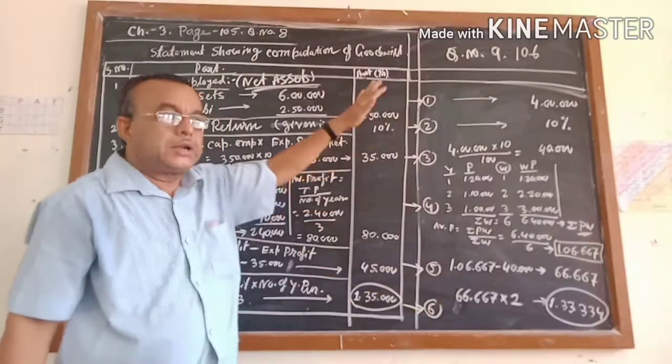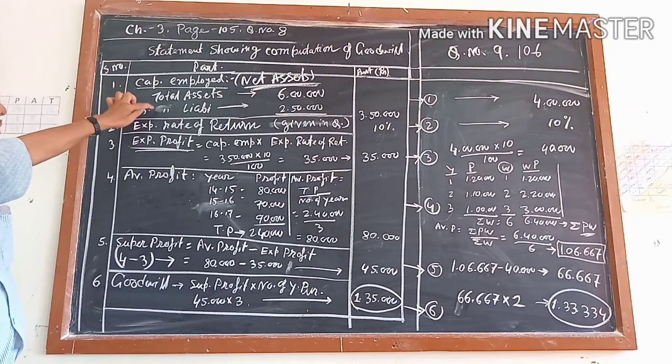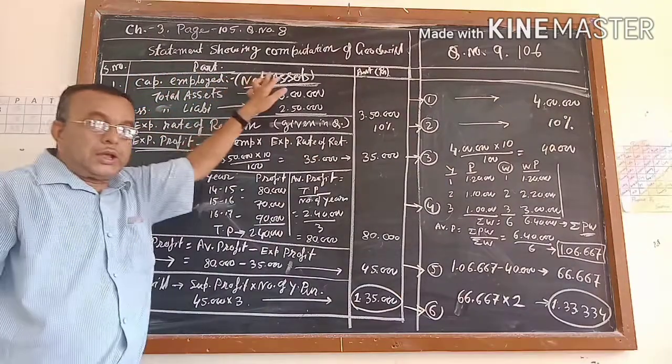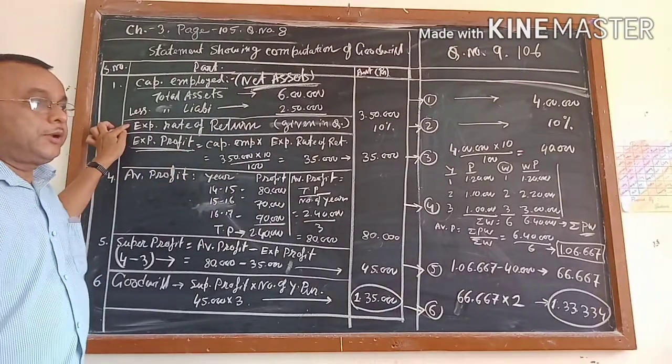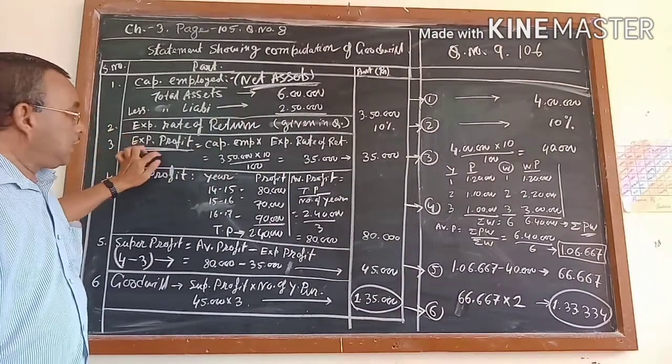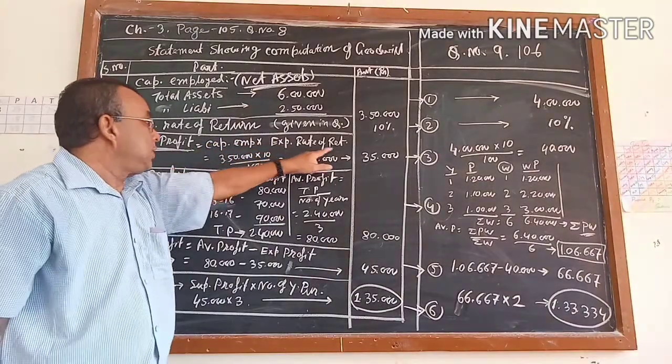Remaining all are the same. Capital employed is total assets minus total liabilities, which has another name, net assets. Expected rate of return will be given in the questions. Expected profit is equal to capital employed into expected rate of return.